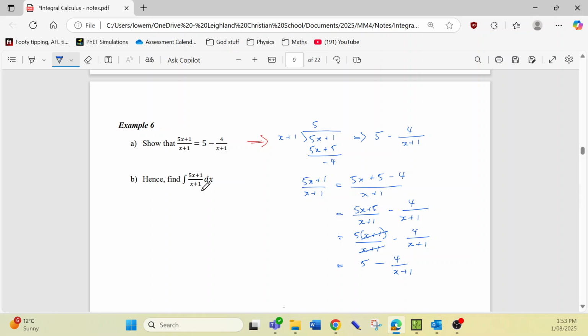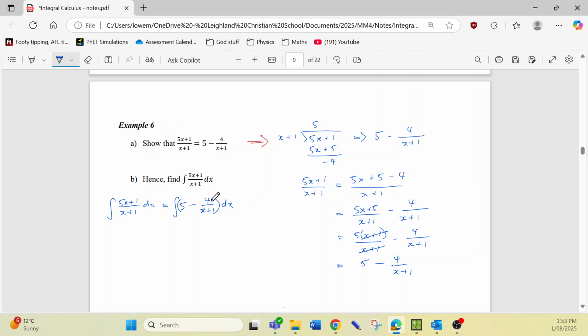All right, so we want to use this result here to integrate this. Because they're equivalent, we can say that the integral of 5x plus 1 over x plus 1 dx must be equal to the integral of 5 minus 4 over x plus 1.